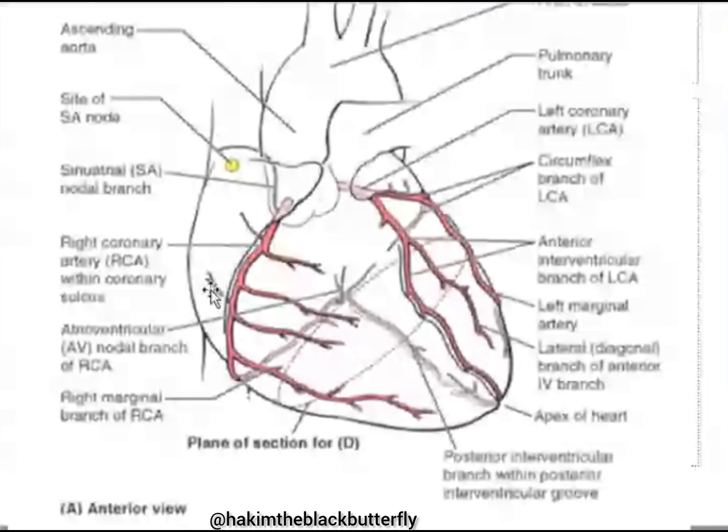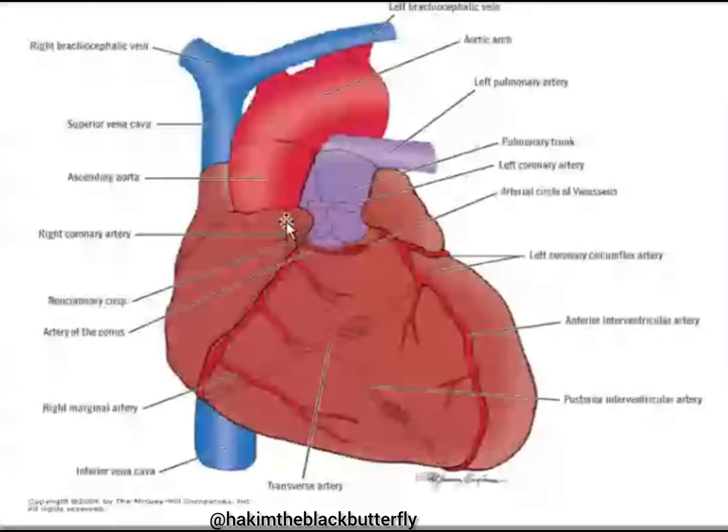This is the right atrium, and this extension is the right auricle. And you can see that it is hidden below the right auricle. So if you open the right auricle like that, you see the right coronary artery there. Even in the other illustrations, you can see the right auricle here, but deep to it, you have the right coronary artery picking blood from the aorta.